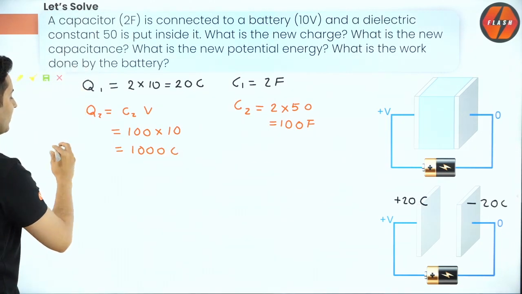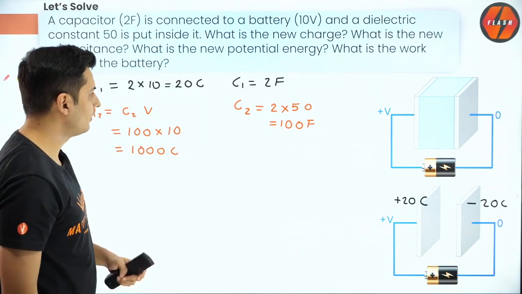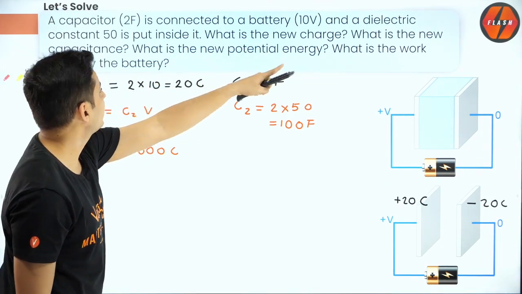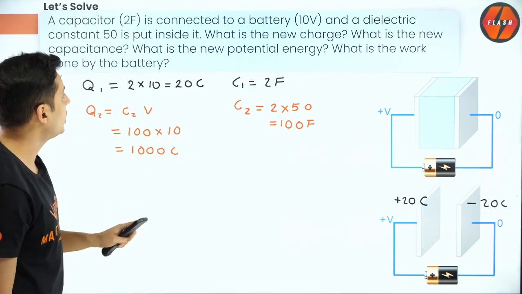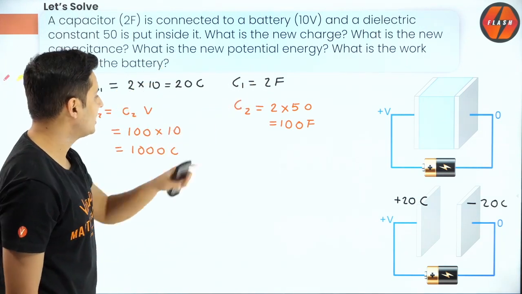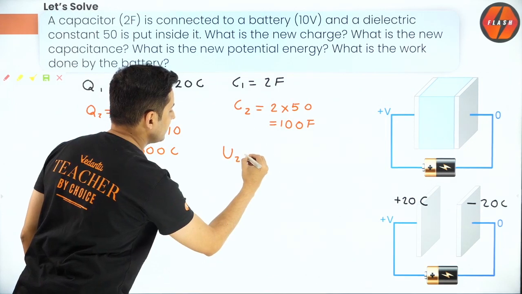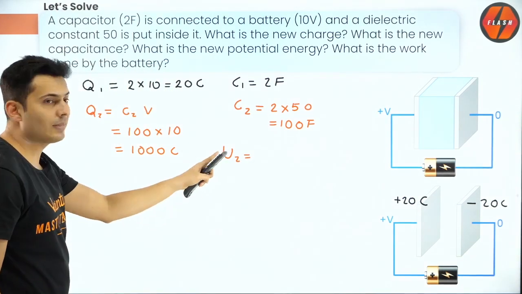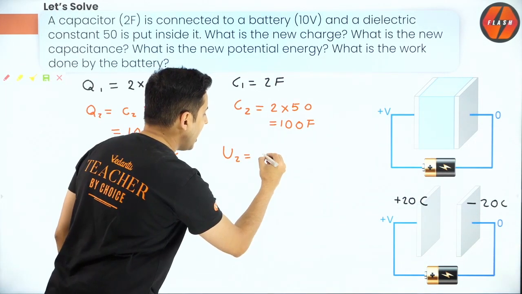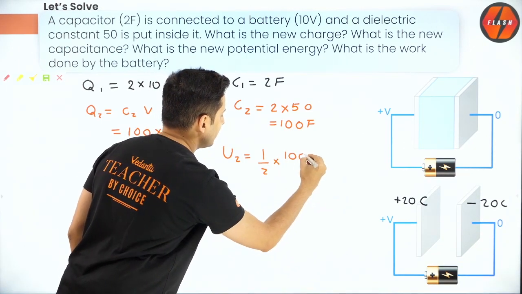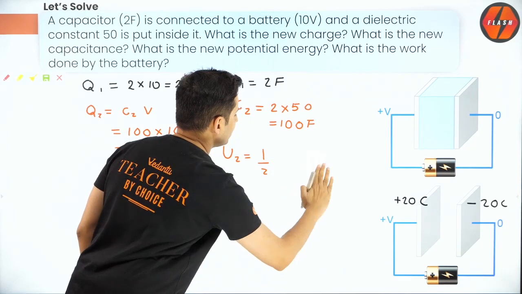That's quite a charge, but we have to just go by the values of the problem. So what is the new charge? Done. What is the new capacitance? That is also done. What is the new potential energy? So let's calculate it.